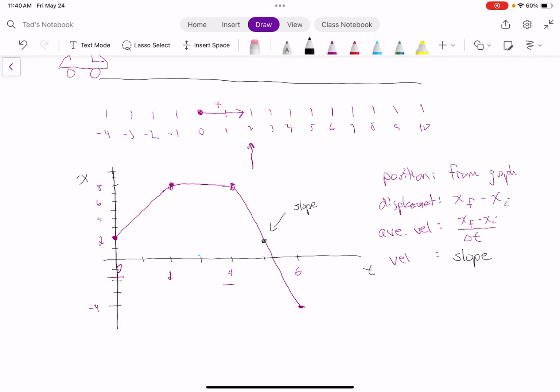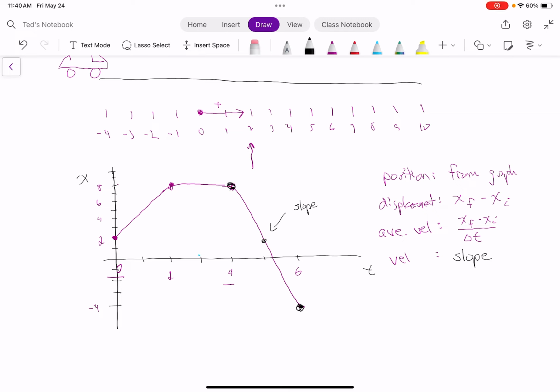Okay, so if the velocity is the derivative of the position, and I want the slope of the graph, I need to find that this is roughly a straight line. So I need to find 2 points on that line so that I can find the slope. All right, so the 2 points on that line, I'm going to choose this point and this point.